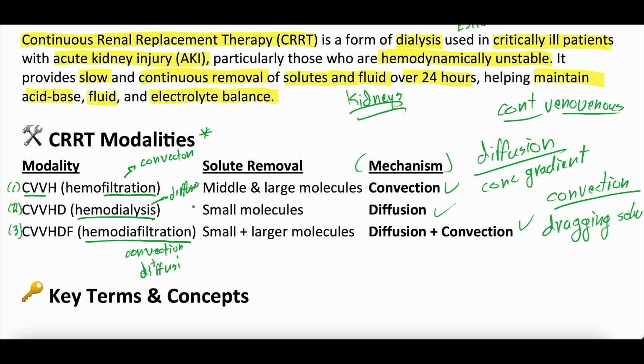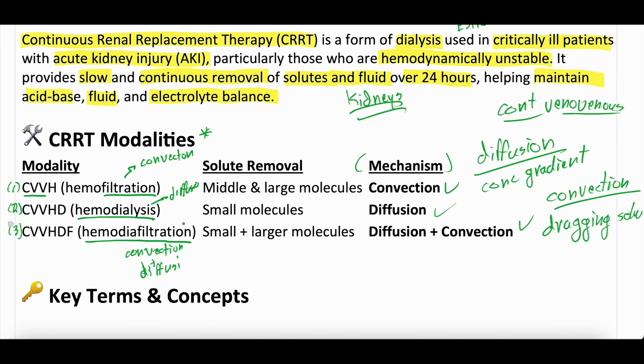So CVVHD is a modality of CRRT that uses diffusion, whereas CVVHDF, HDF stands for hemodiafiltration, a combination of dialysis and filtration. Dialysis stands for diffusion, filtration stands for convection, so CVVHDF uses both convection and diffusion.